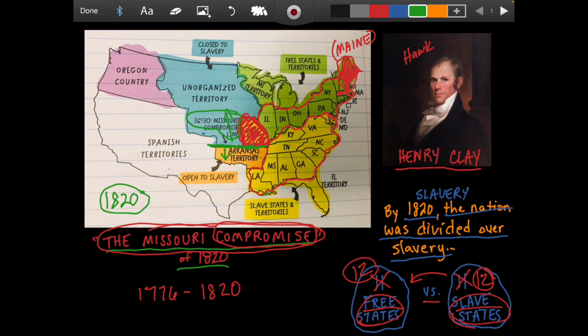And so because Henry Clay is the guy who comes up with the idea for the Missouri Compromise of 1820, he is going to get the nickname of the Great Compromiser.